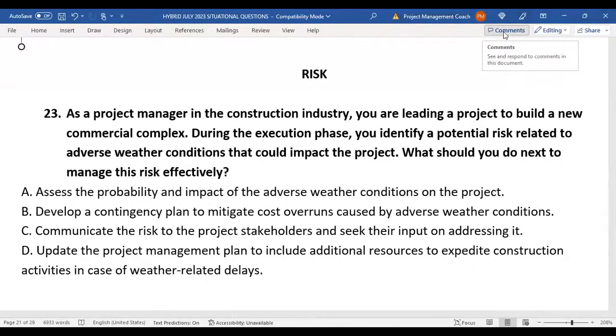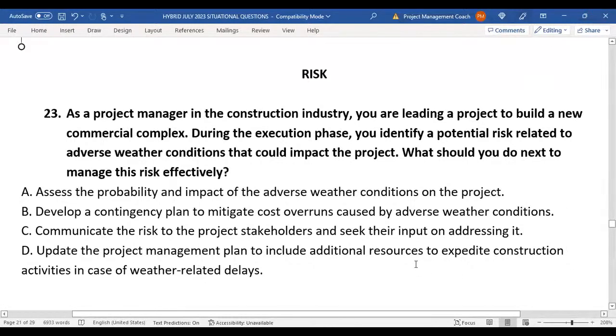The language is always different in these, and this one reads: as a project manager in the construction industry, you are leading a project to build a new commercial complex. During the execution phase, you identify a potential risk related to adverse weather conditions that could impact the project. What should you do next to manage this risk effectively? I'll give you some time to think about it.